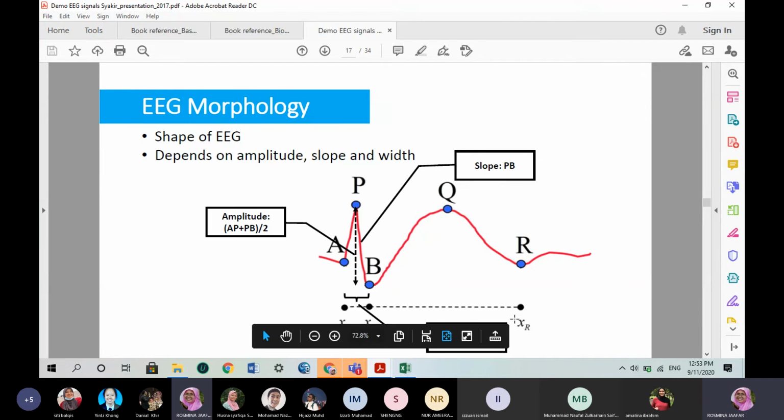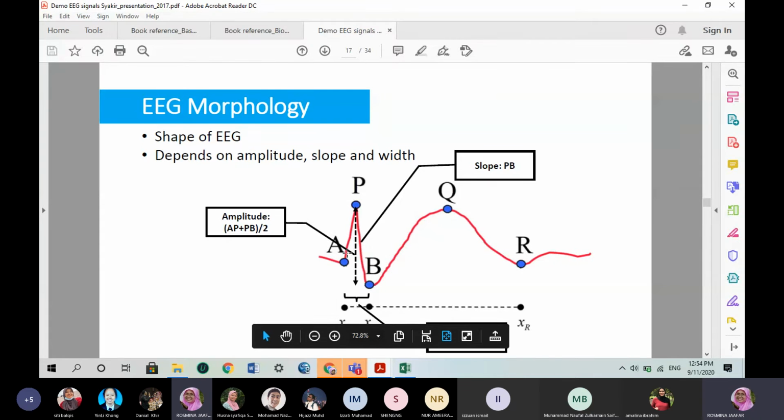So the characteristic of epileptiform is that it has a standard waveform shape like this, where you have depolarization, repolarization, and then a slow transient depolarization, and then it comes back and so on.